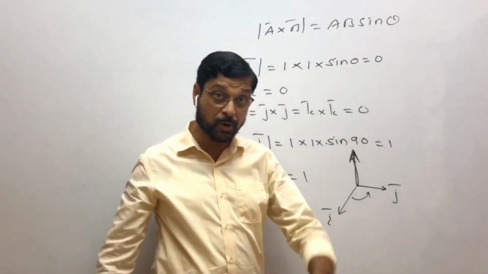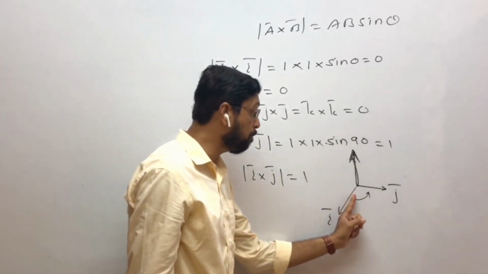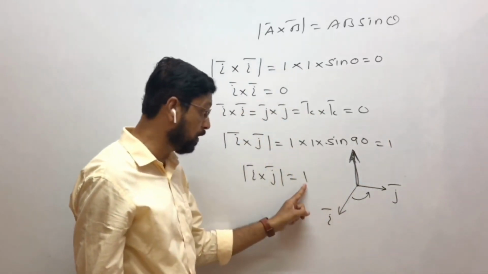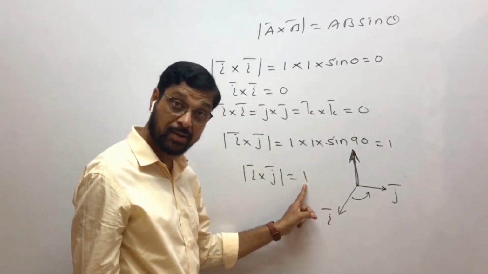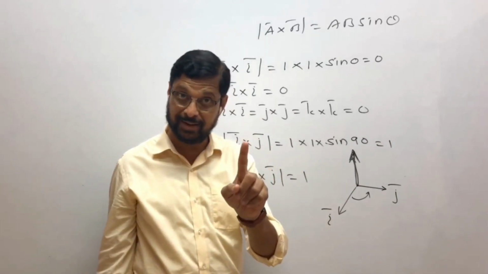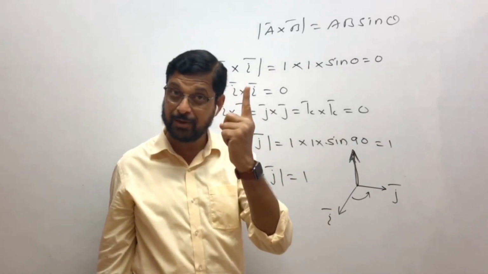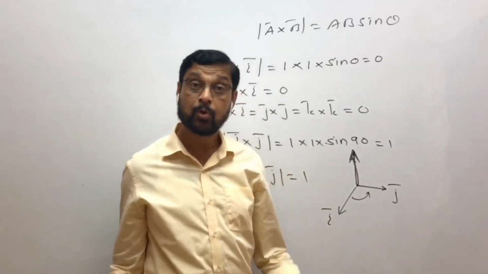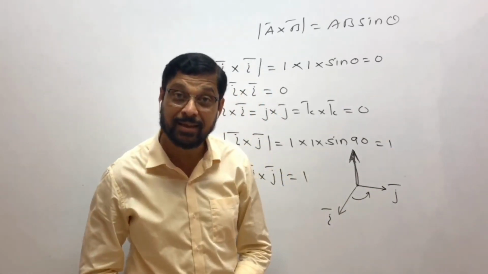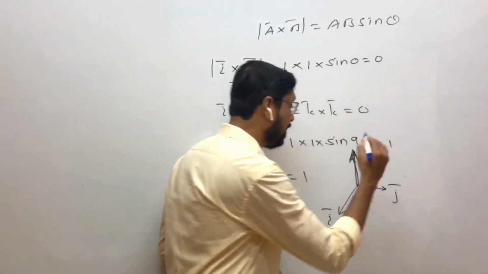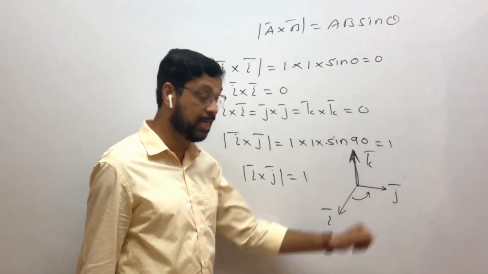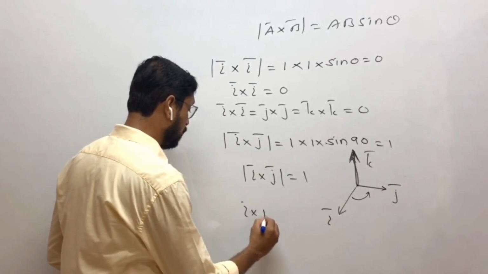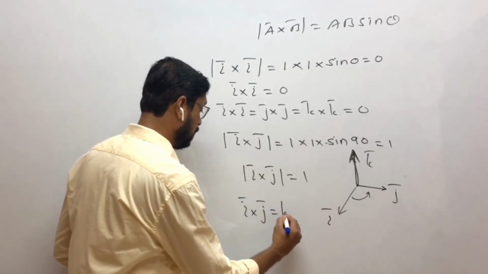So the cross product is along the positive direction of z axis and its magnitude is equal to 1. So a vector whose magnitude is equal to 1 and direction is along z axis, what do we call that vector? k. So what is the cross product of I and J? k. So I cross J is equal to k.